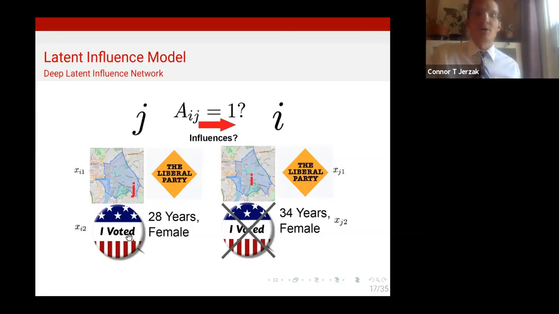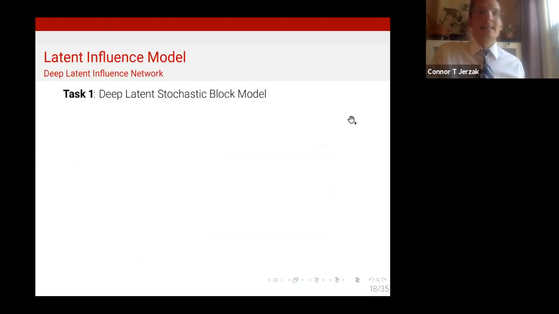So person J has a history of prior voting, but person I has no history of prior voting. The intuition that I'll build in the following model is that we can use information in the covariates and in any measured network to improve our predictions about what the probability of connection should be between any two people.